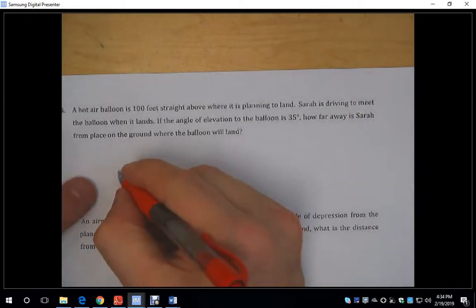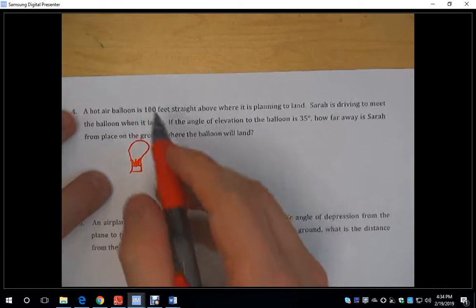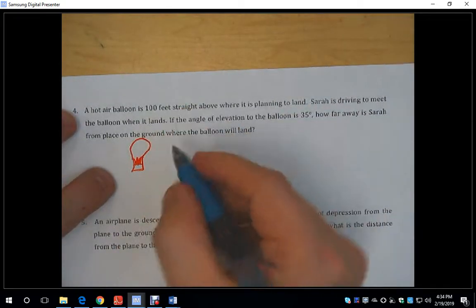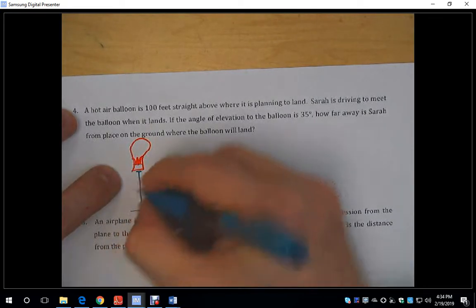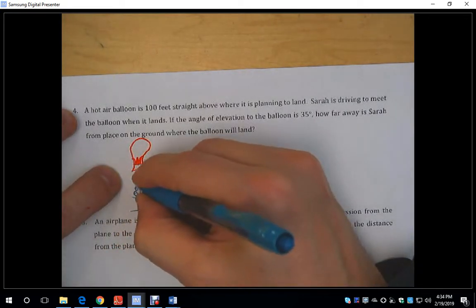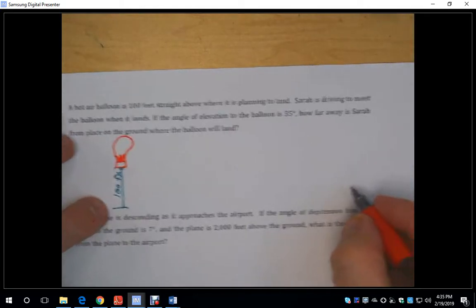So we have our balloon here, and we are 100 feet above the ground, so we'll just measure that here, 100 feet. And Sarah, we'll say Sarah's over here.